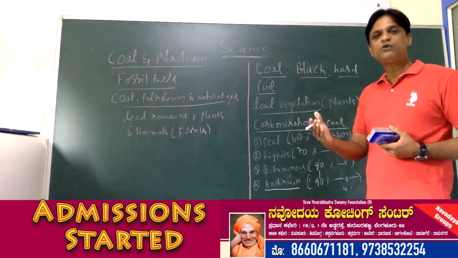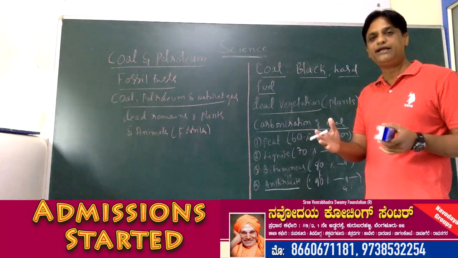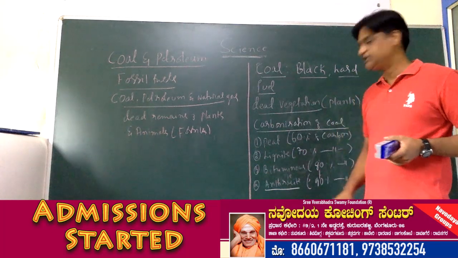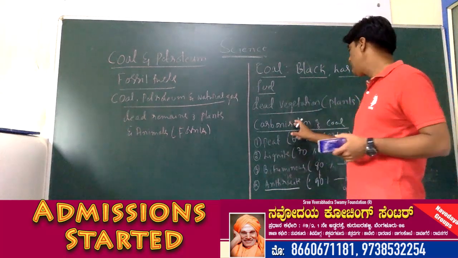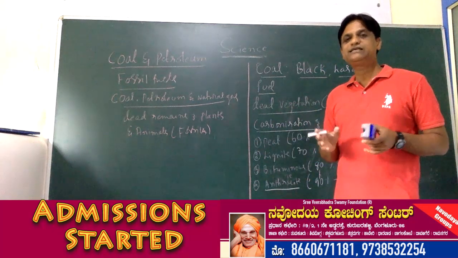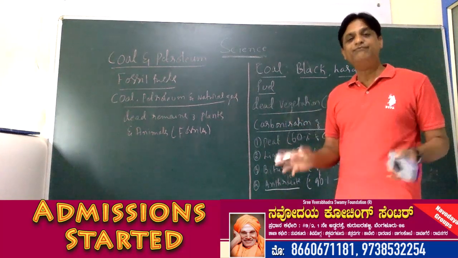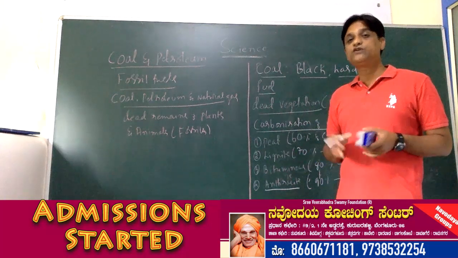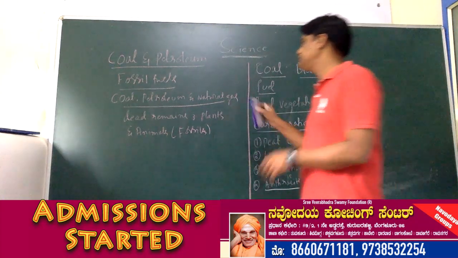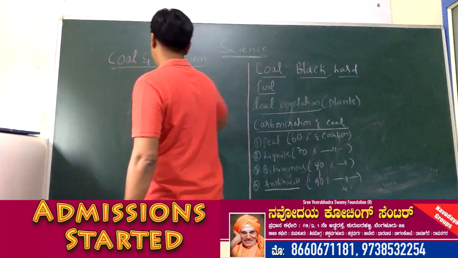So that slow process of conversion of carbon content into coal due to high temperature and pressure is known as carbonization of coal. And as I said, coal is a very important material that is used for different purposes. One of the important uses of coal is fuel.